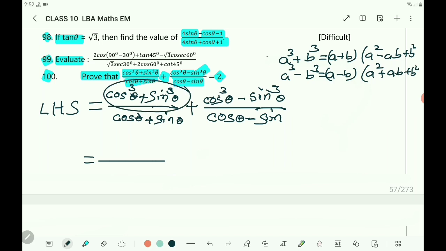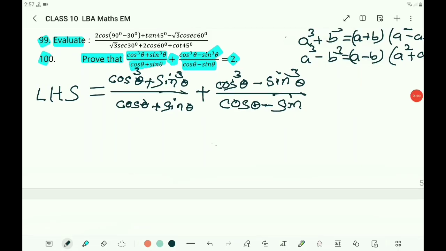Here what are the factors of cos cube theta plus sin cube theta? Equals, write the factors of cos cube theta plus sin cube theta.